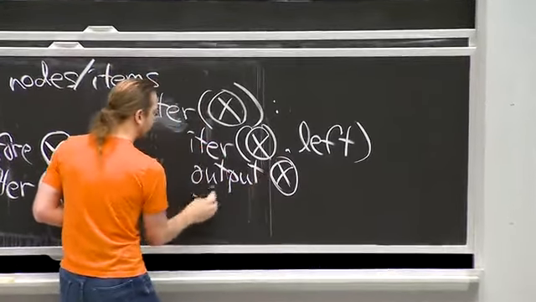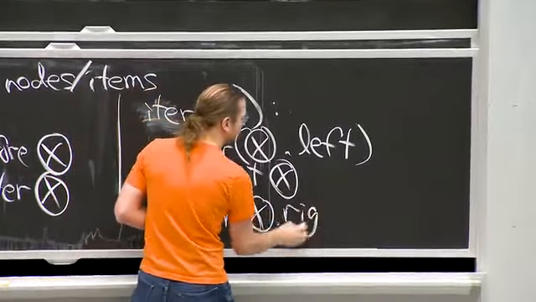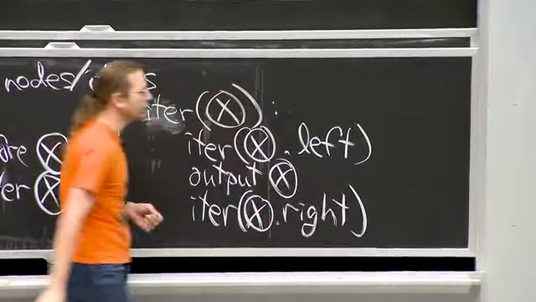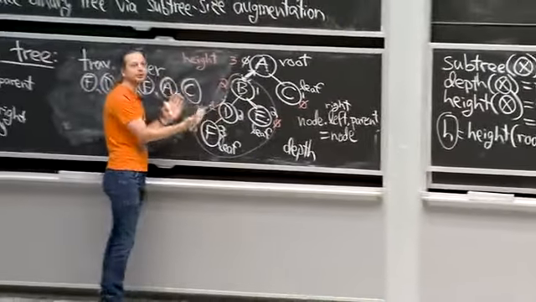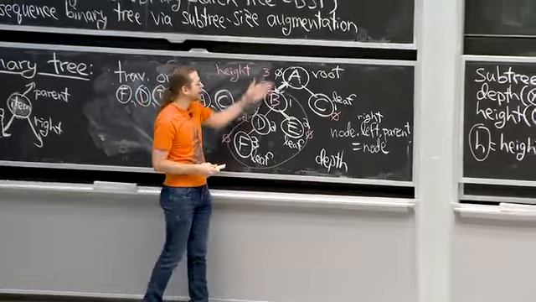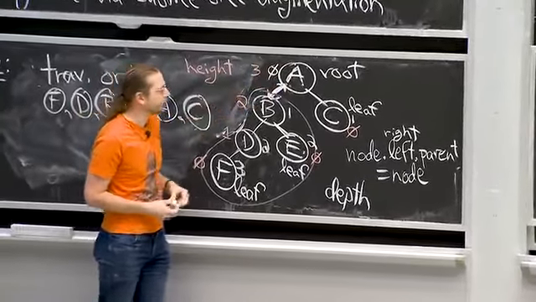Then I iterate on all the nodes in the right subtree. OK, you may have seen that algorithm before. This is just another way to codify the same thing. The result is all the nodes within a subtree appear contiguously with no interruptions. And then the parent is going to come before or after, depending on whether this is a left or a right child.